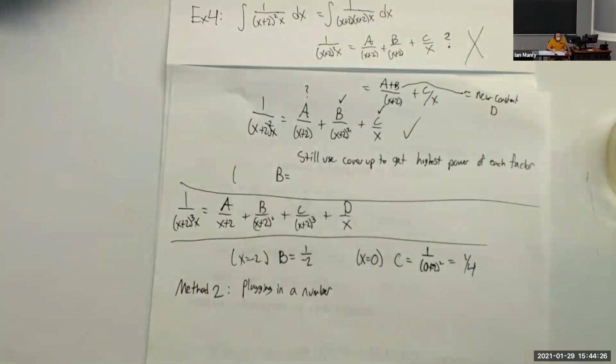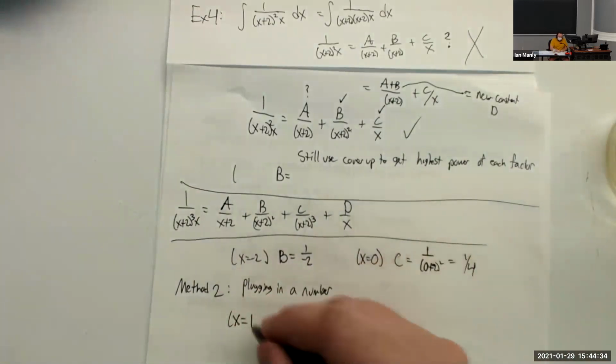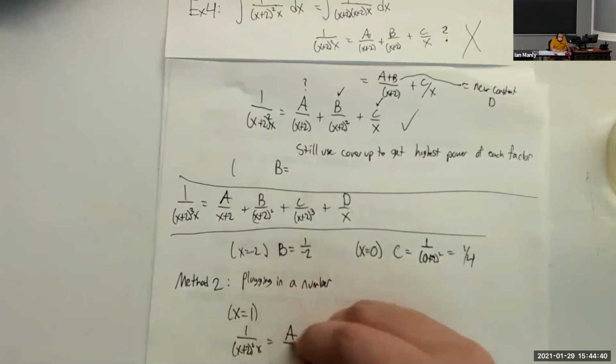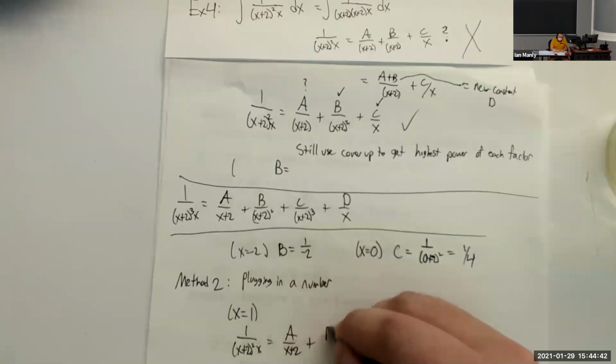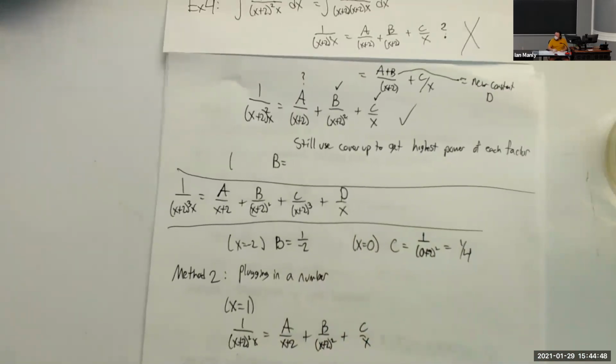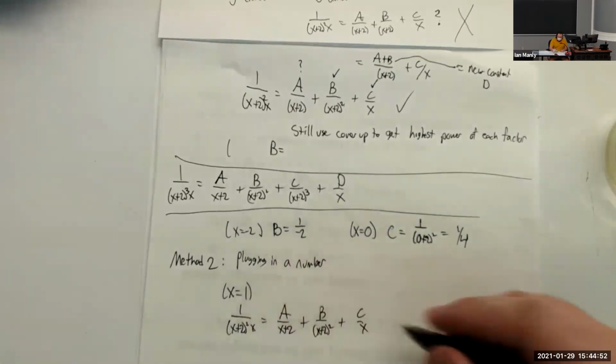Now, the thing is that since we already know what b and c are, it doesn't matter what number we pick at all. So I'm going to pick a simple number here like 1. So what I'm going to do is plug this into my equation here. Where are we plugging in the numbers? We're plugging it in for x.